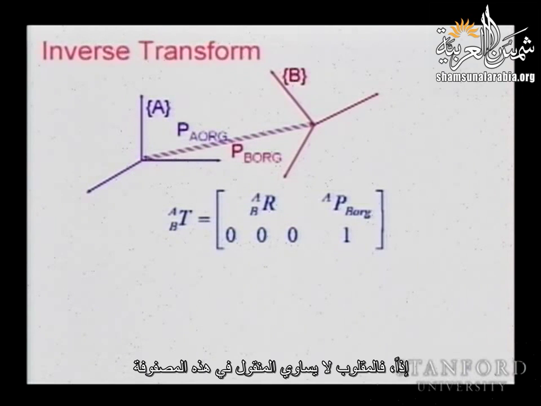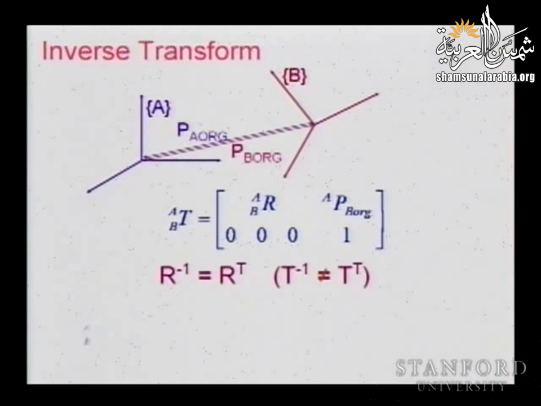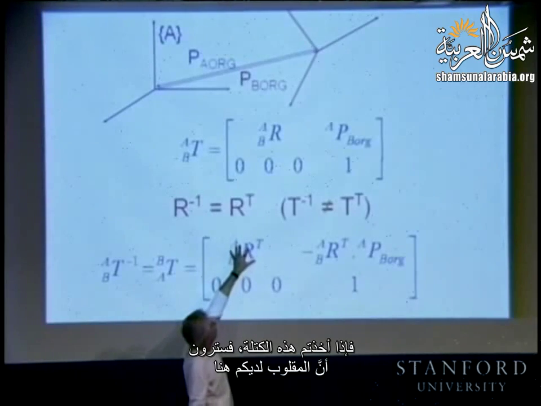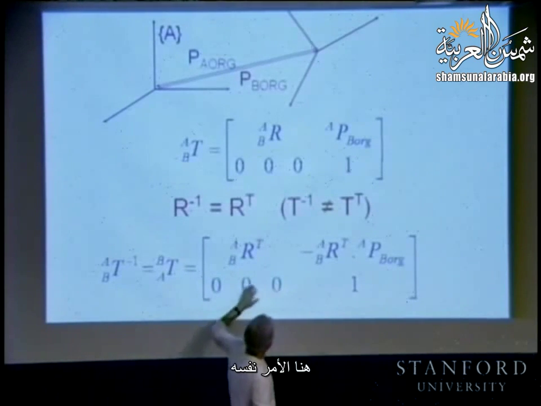exactly the transpose of this matrix, but it is almost, because if you look at the inverse of this matrix, it involves the transpose of the rotation. If you take it by block, you will see that you have the inverse here. This is the same.